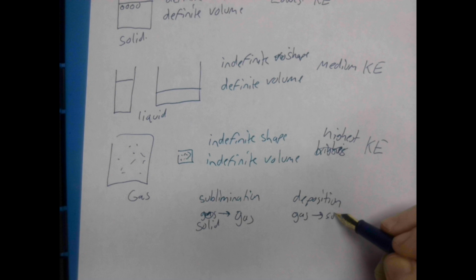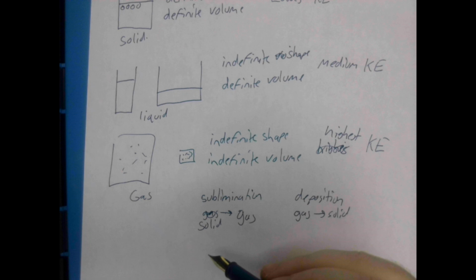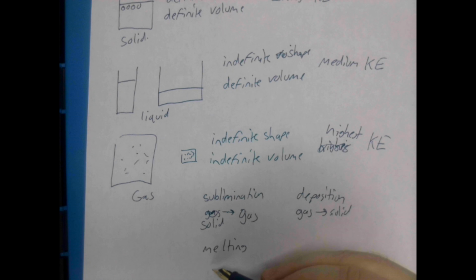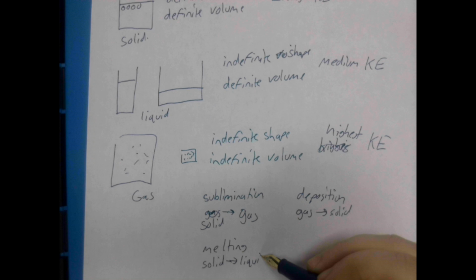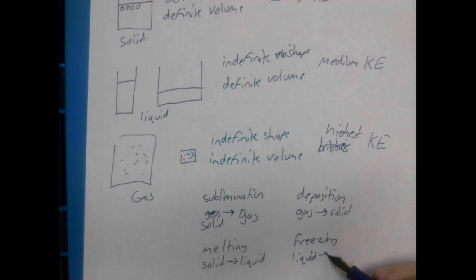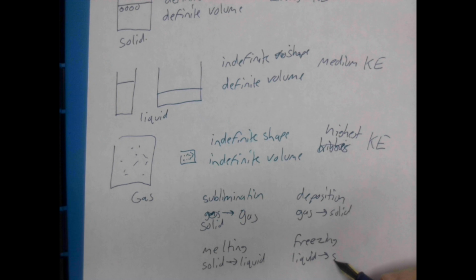And then we have the normal ones, melting. Melting is whenever you go from a solid to a liquid. Freezing is the opposite, when you go from a liquid to a solid. And then we have boiling and evaporating, and condensing. We had a whole test on just this.